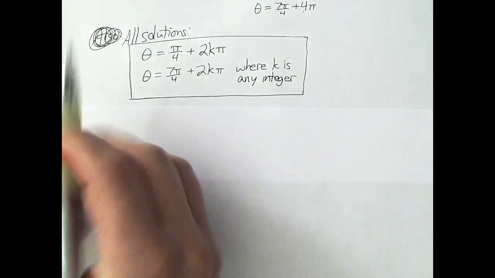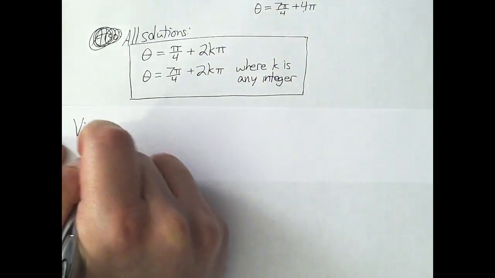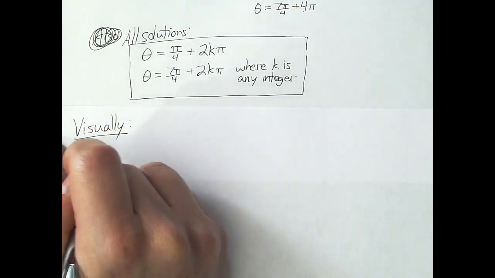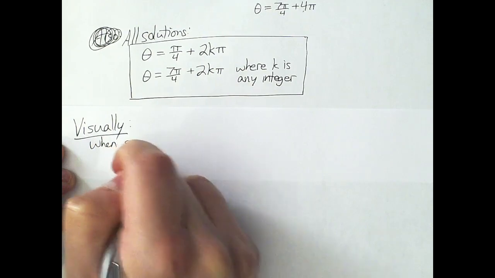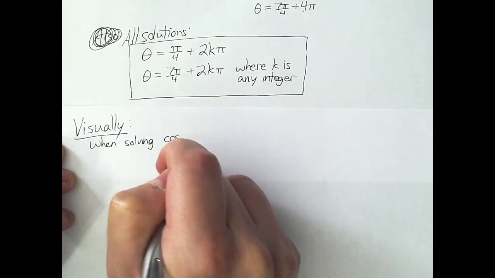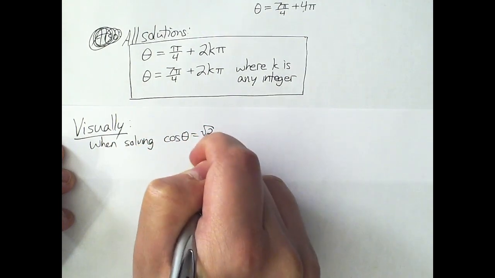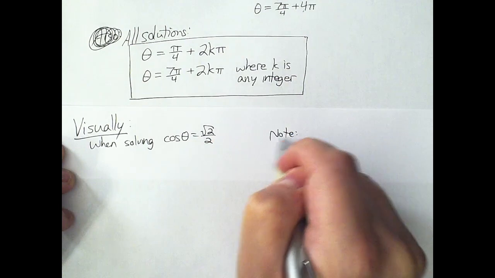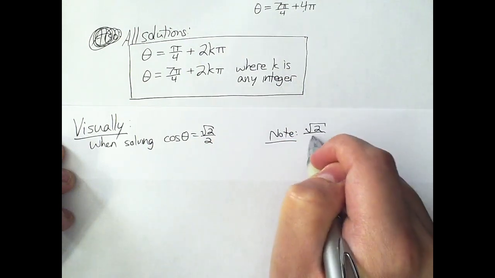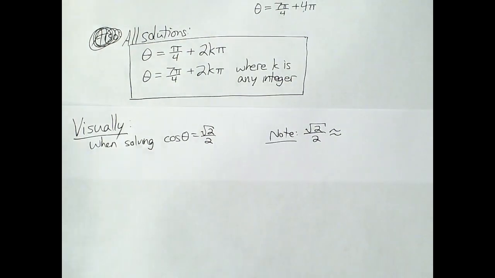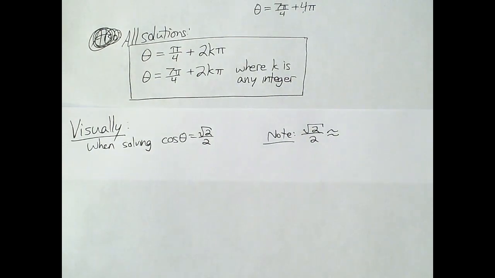I want to show you visually, what does this look like? All right, visually. When solving cosine of theta equals square root of 2 over 2. Off to the side, I'm just going to note, square root of 2 over 2 is approximately, well, I know that the square root of 2 is around 1.4.